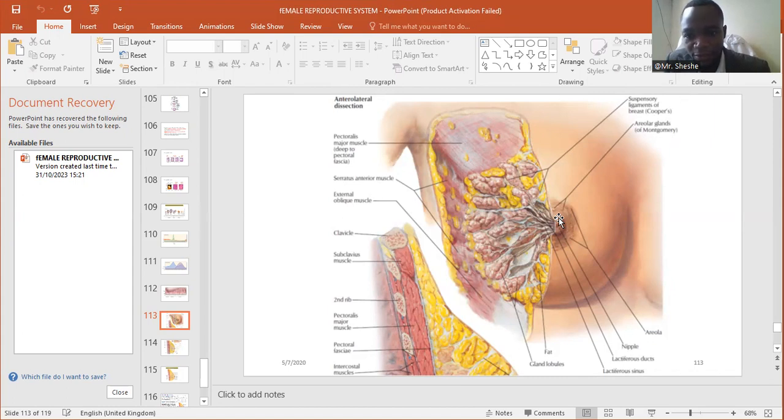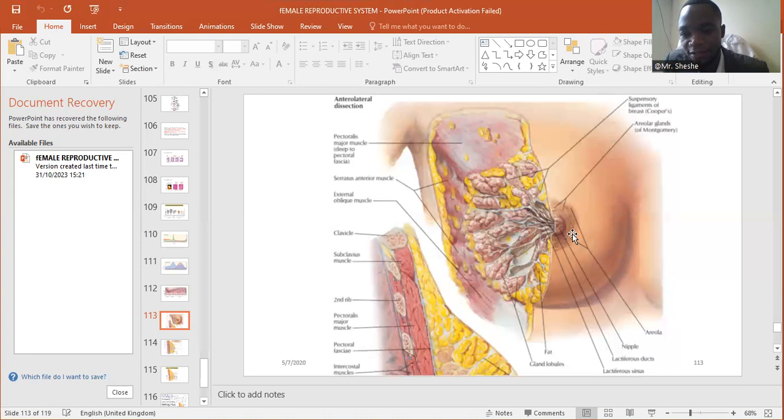But clear fluid is not really a serious concern. Away from that, the nipple is surrounded by the areola, which is a darkened or pigmented area of the breast. Depending on the skin tone, the pigmentation varies, but in Africans it is usually darker.